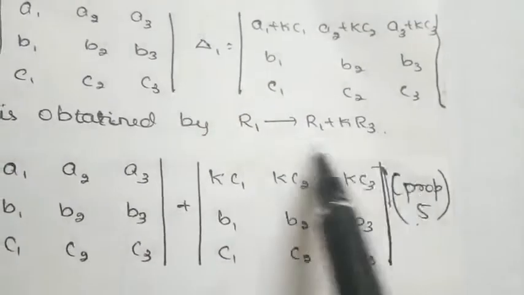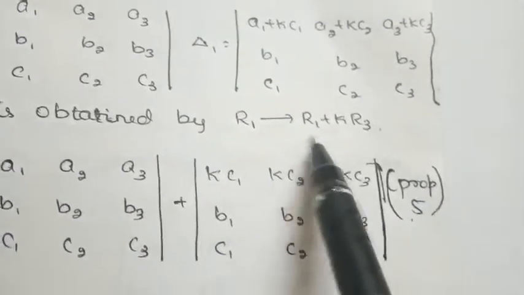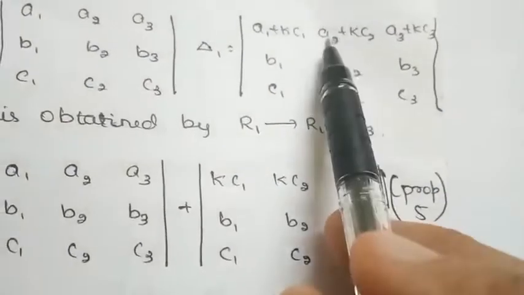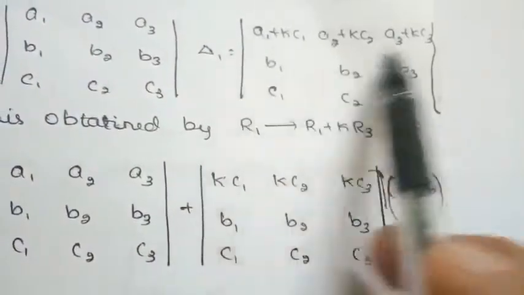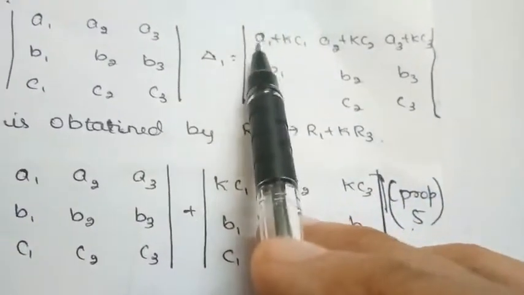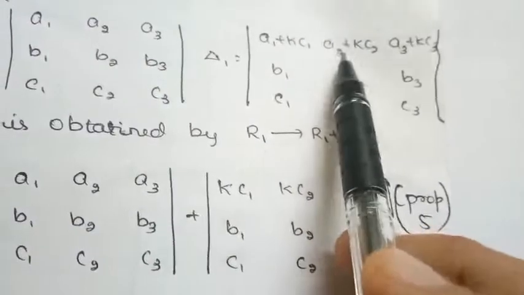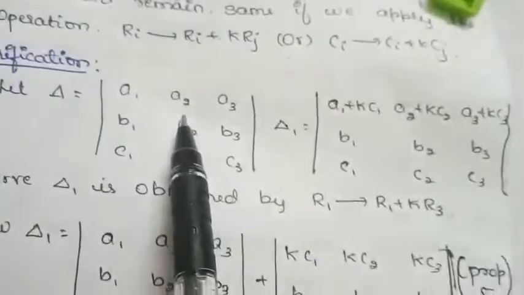In this manner, if we do a row operation and get a new row, then the value of the new determinant and the original determinant are the same. So that is what the property says.